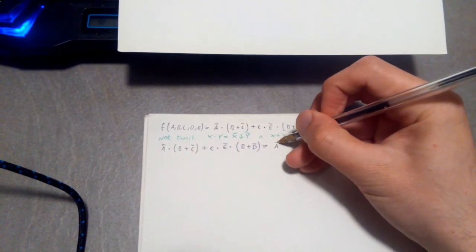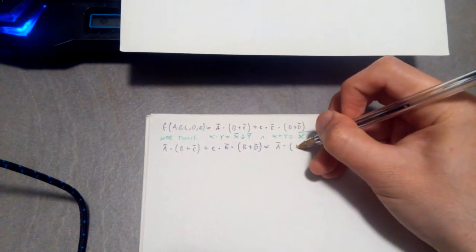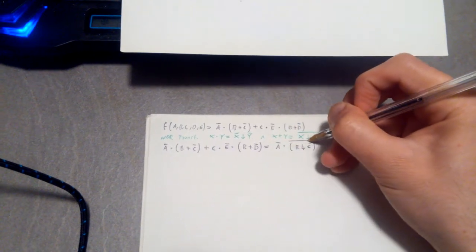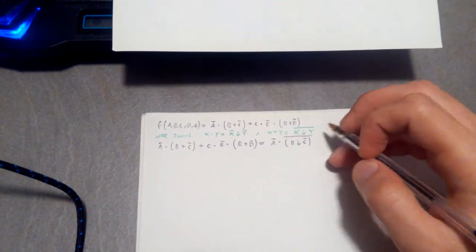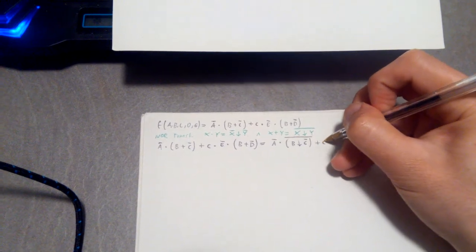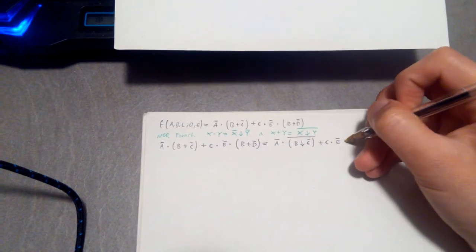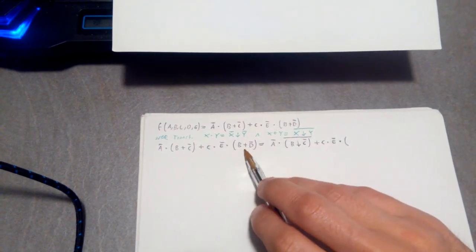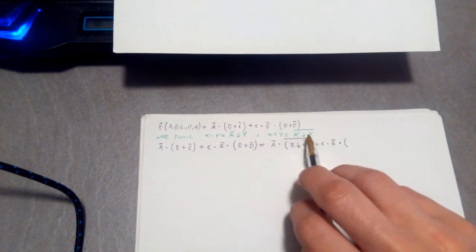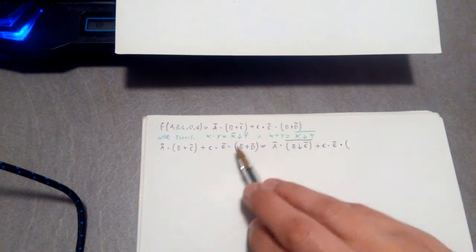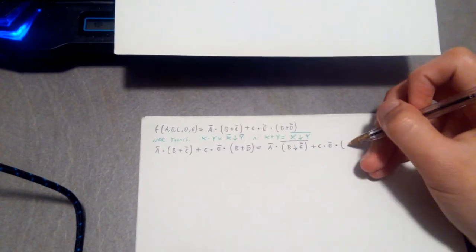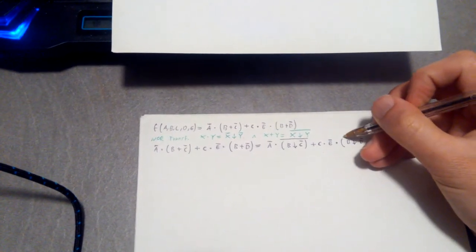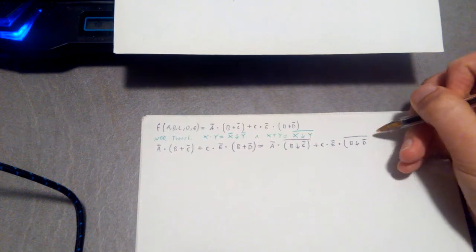So this becomes a naught times b, arrow down, c naught, everything with a naught, plus c times e naught times, and b plus d naught becomes b, arrow down, d naught, everything with a naught.